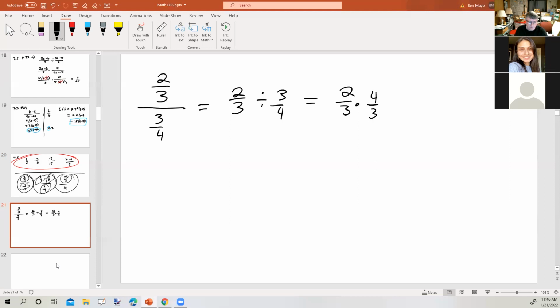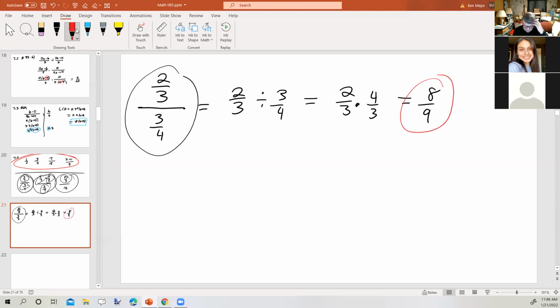It's the reciprocal. Once you have multiplication of fractions, if you can't do any pre-reducing, you just multiply straight across. So we've taken the complex fraction and changed it into a simple fraction. Any questions about that example?